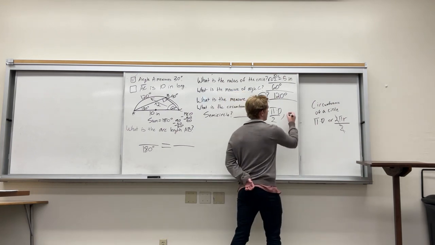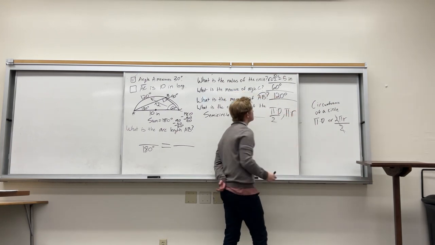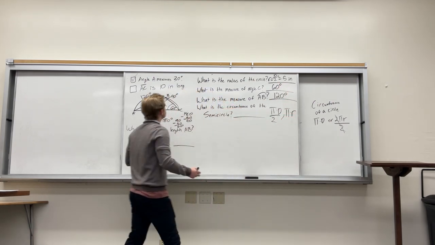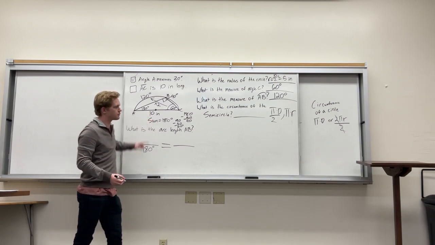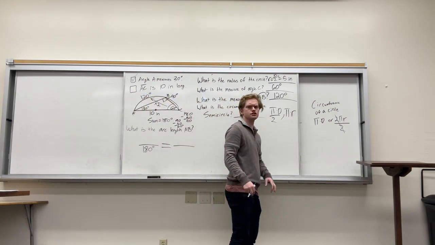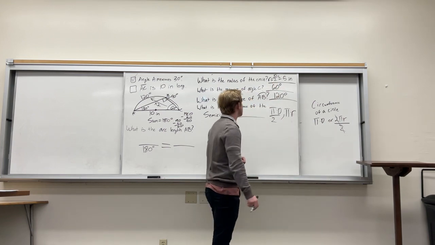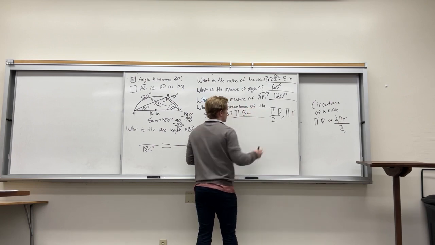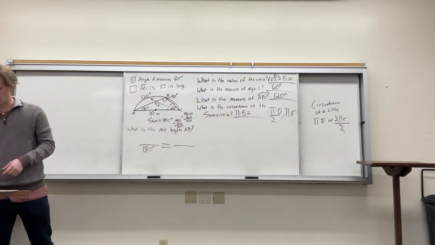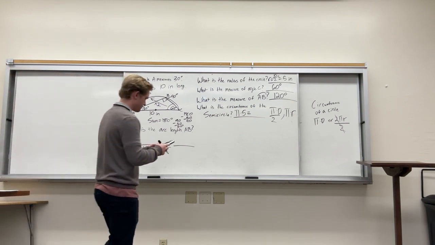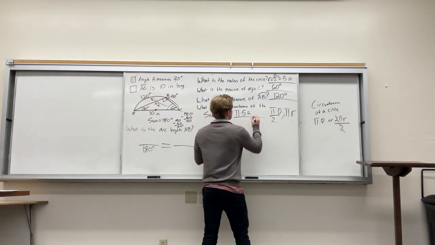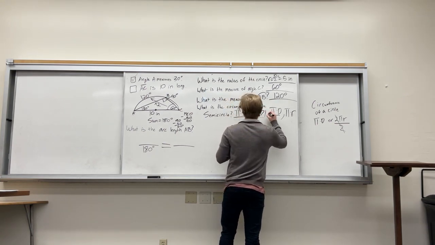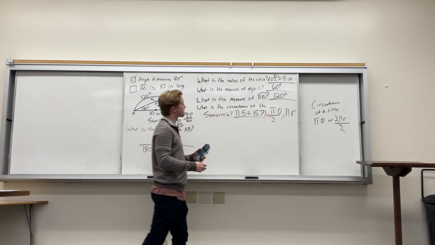So what we're really going to have is pi times r. Well, we already found our r, so we can either use pi times r, or we can use pi times diameter, since we've already given our diameter. Since I want to do less calculations, and we've already found our radius, I'm going to do pi times 5, which is our radius. When I do that, I get the value of 15.71. And that is in inches.